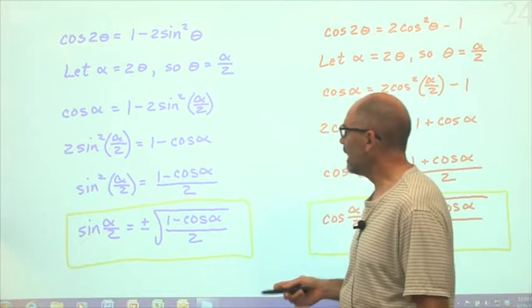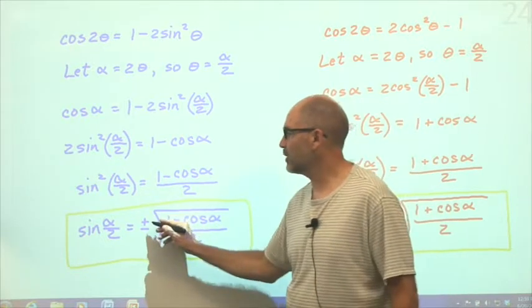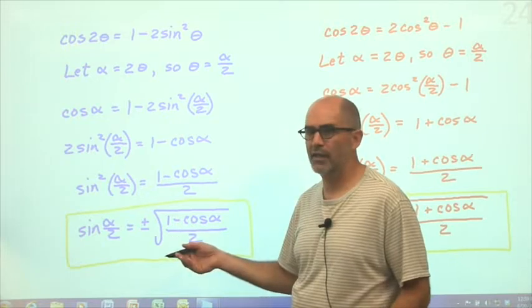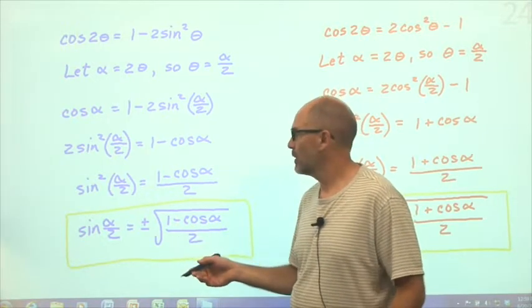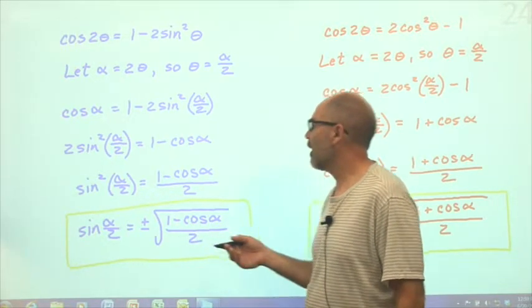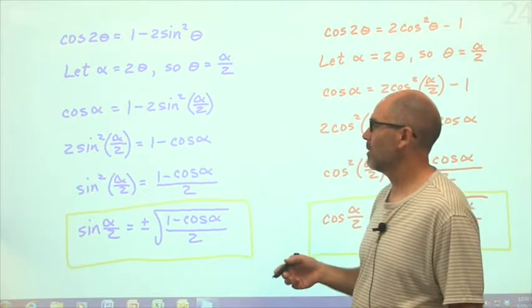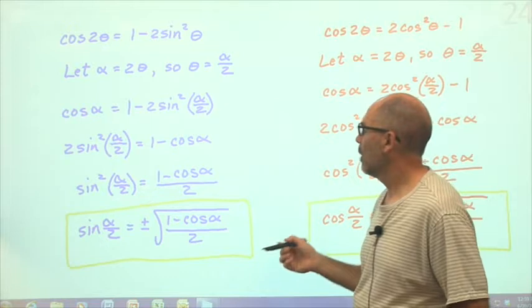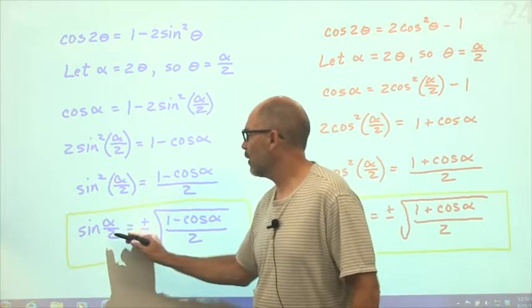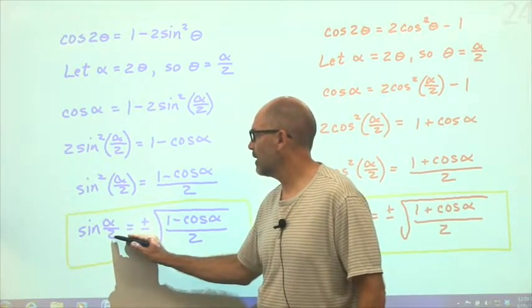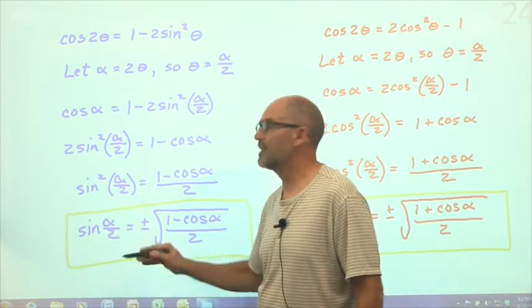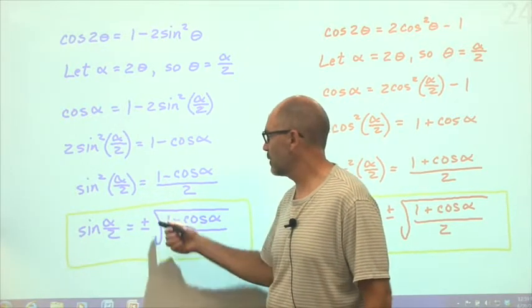Now, the plus or minus, you're going to determine based on what quadrant the angle's in. So let's say alpha equals 120 degrees. Well, alpha over 2 is 60, and sine of 60 is a positive term, so you'd use the plus.